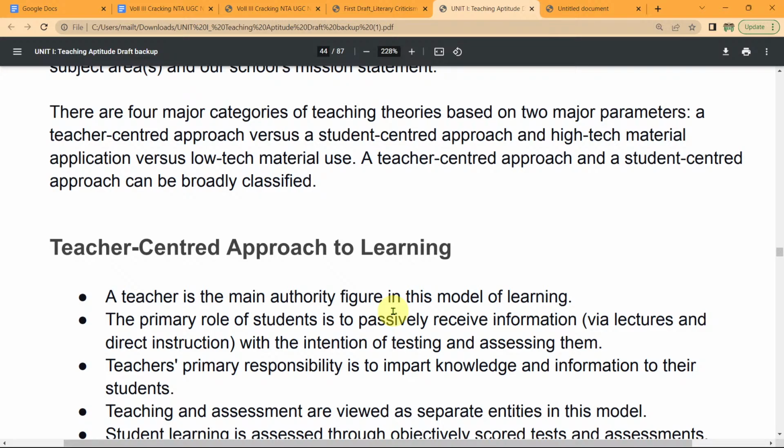First of all, teacher centered. As I said, teacher centered starts from the beginning, right?